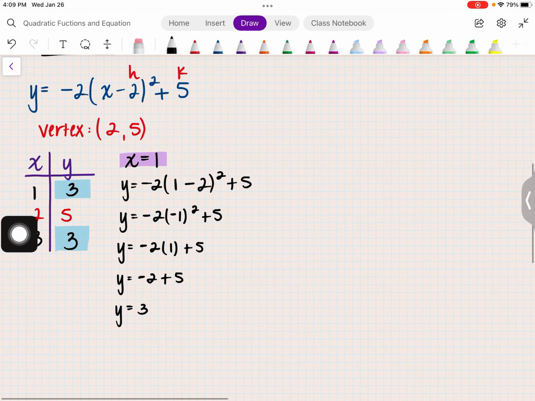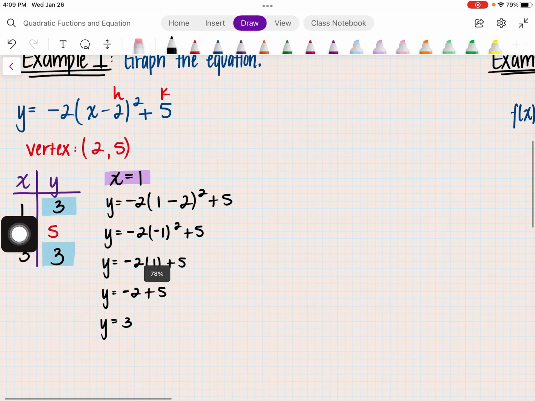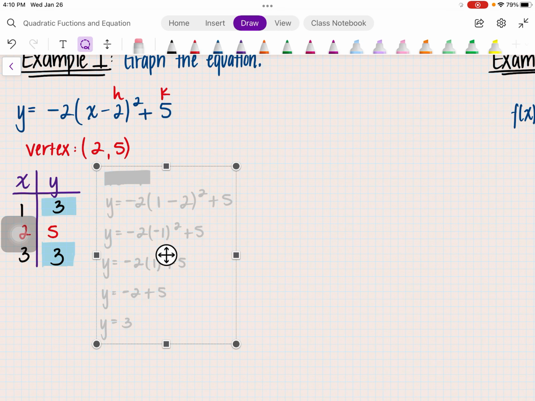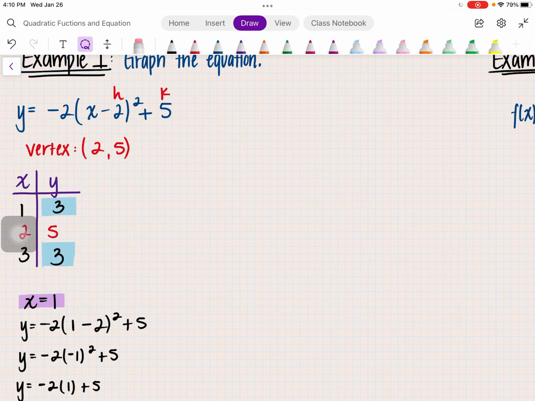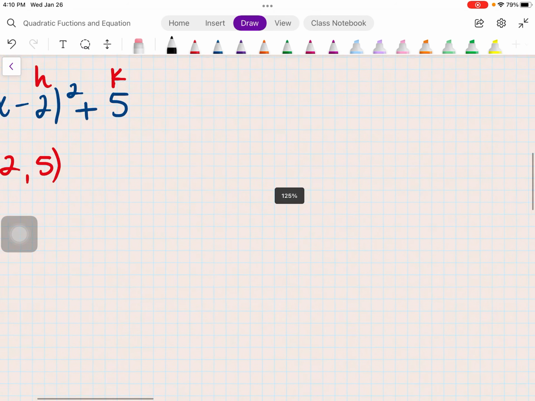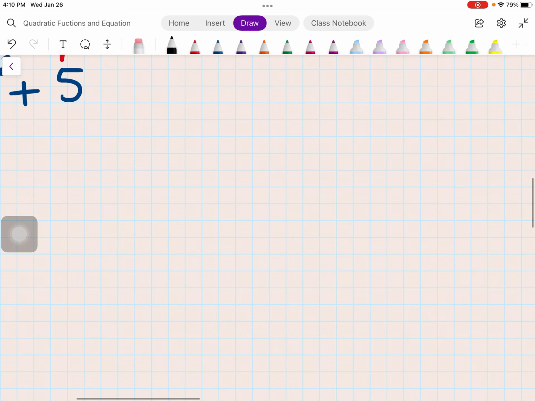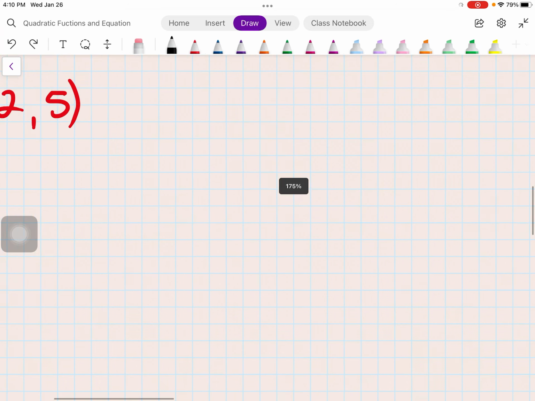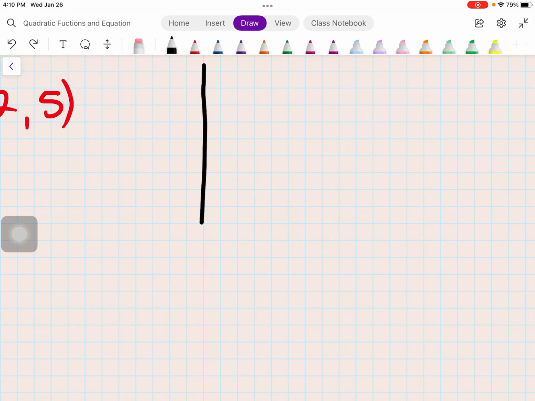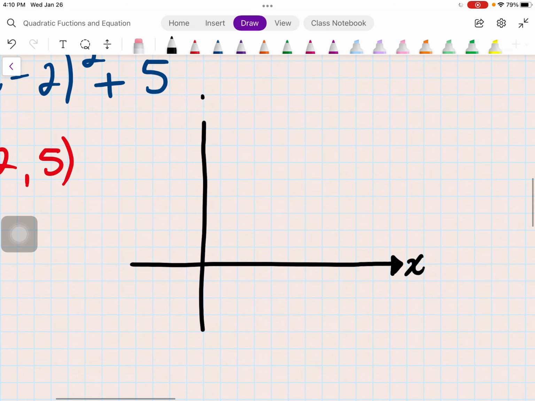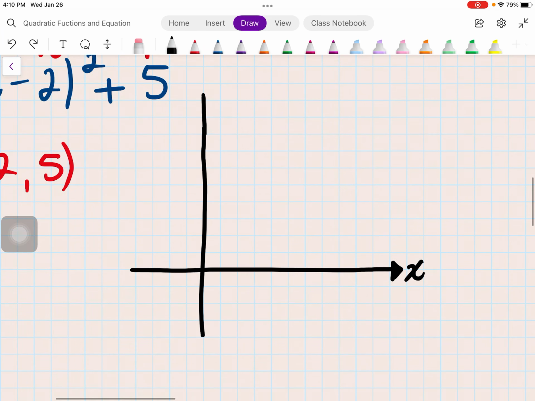So let's go ahead and graph this, guys. I just need 2 points. So let's go ahead and graph it. Let me just move this here, and let's go ahead and graph it. So I'm going to go ahead and create a graph here. And this is x, and this is y.